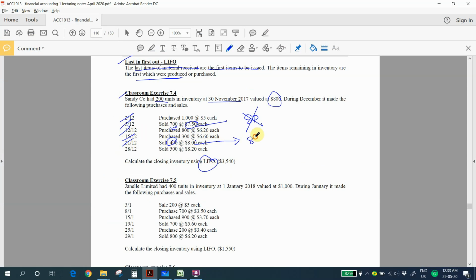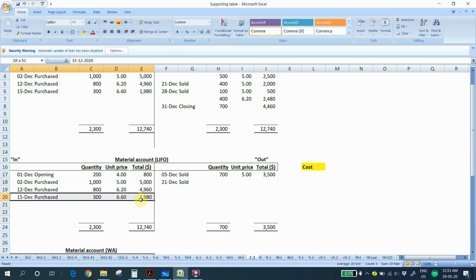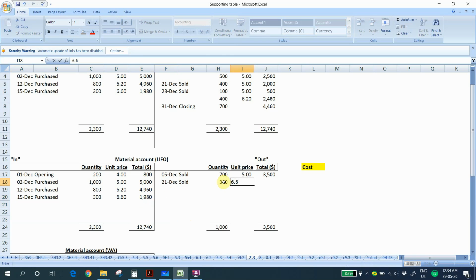And again, this selling price is irrelevant information to us. So last in first out. What is the last purchase item before we sold? This, right? 15. So we can write 31st of December first. So we will utilize this batch first. 300 at the cost of $6.60 each.